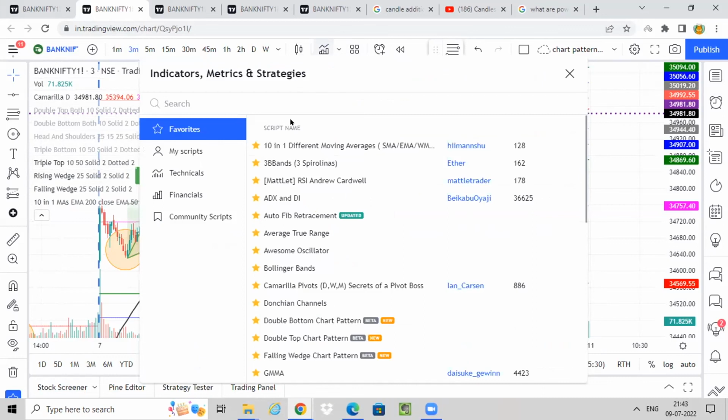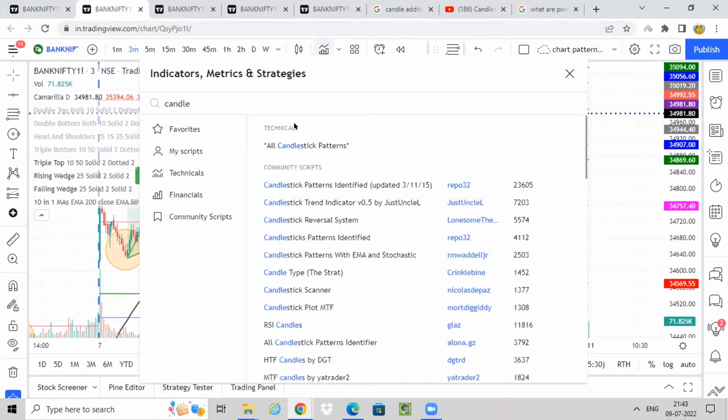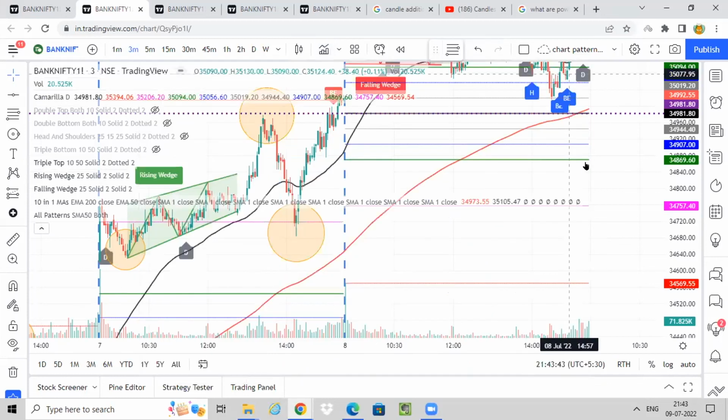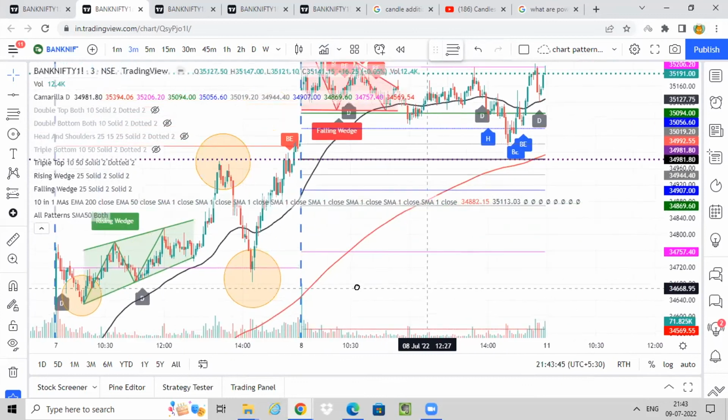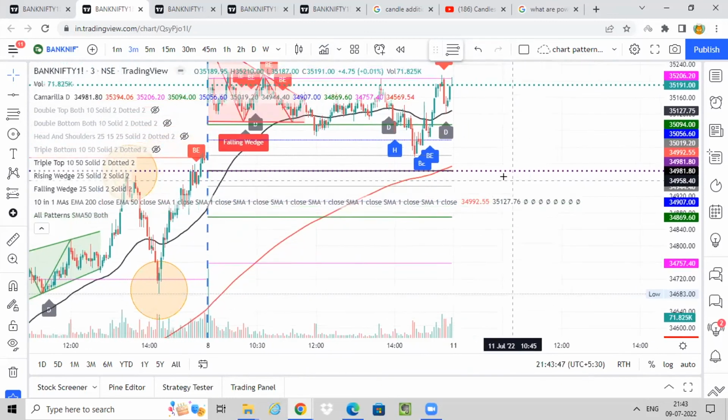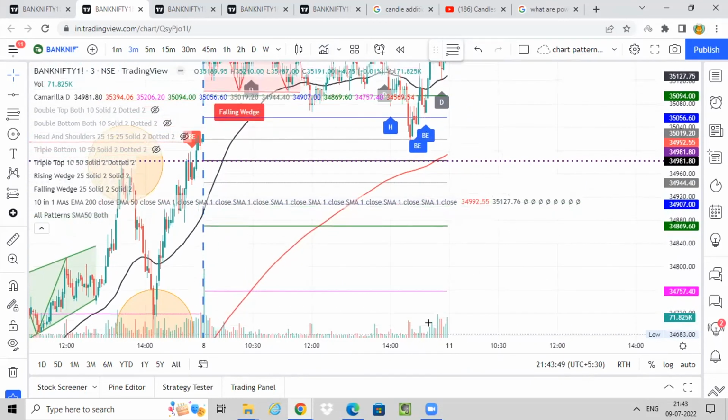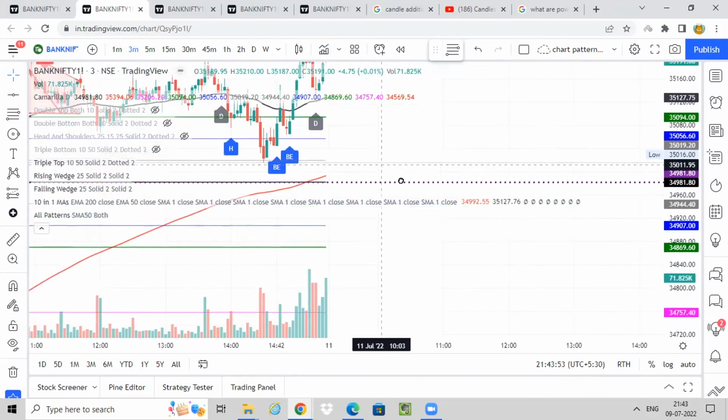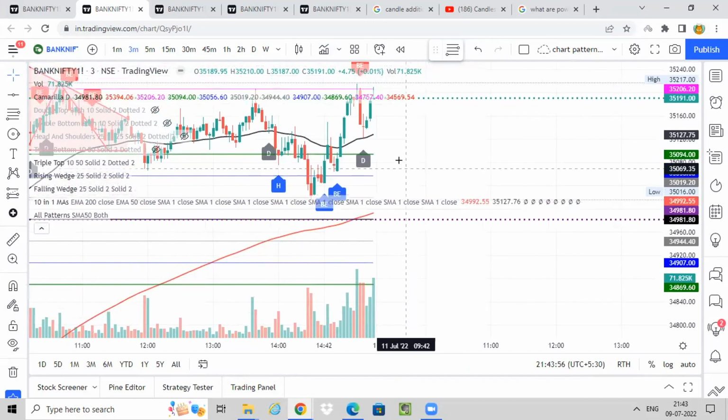You can add candlestick patterns from here, all candlestick patterns. It's also inbuilt. Here it will show up the patterns and reversals.